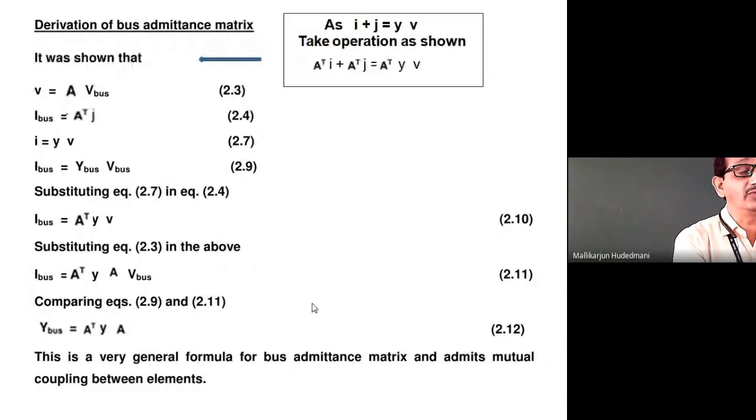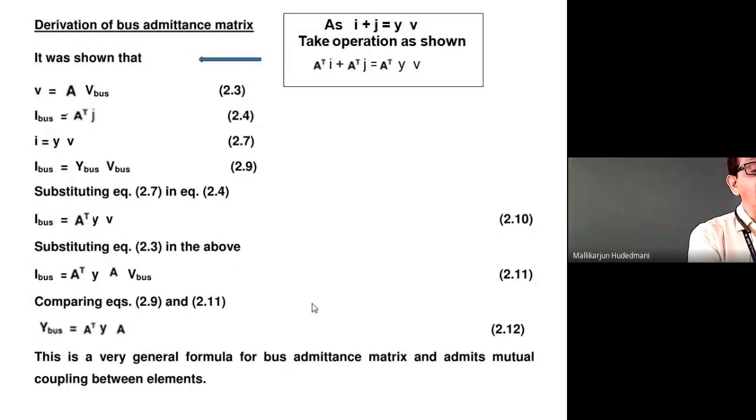This is one of the representations we got when we represented the generalized primitive element in admittance form: a vector of branch currents I, a vector of equivalent current sources J, equal to the primitive admittance matrix of the system into the voltages. This was what we have seen in the earlier interaction.